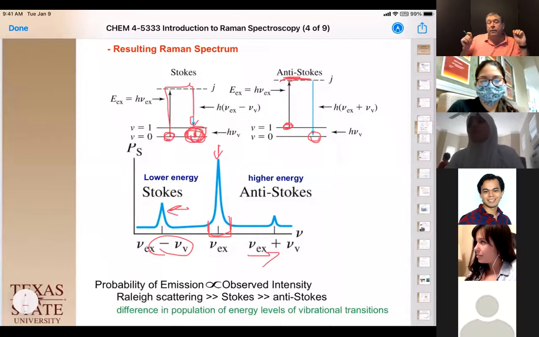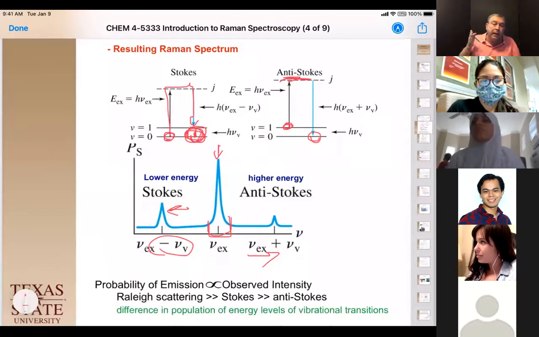Now, the problem is that the probability of these emissions is very, very low. Rayleigh is much, much stronger than our Stokes, and our Stokes is actually much, much stronger than our anti-Stokes. So what that means is that we have to use very high intensity impinging light to be able to see that light shift up and down.